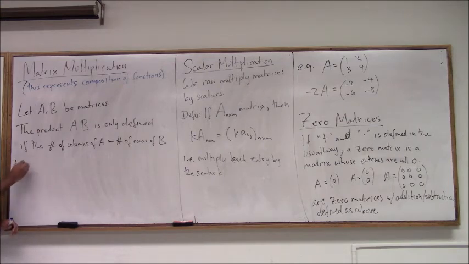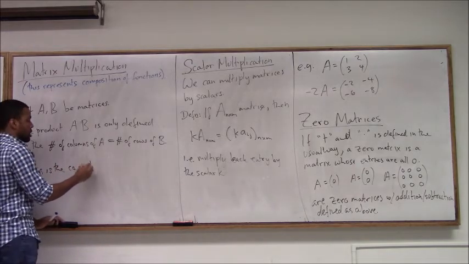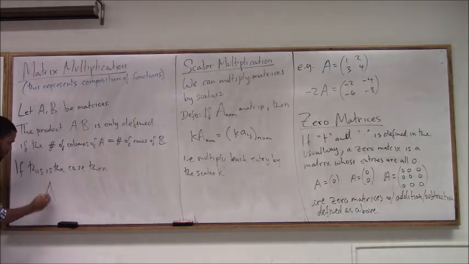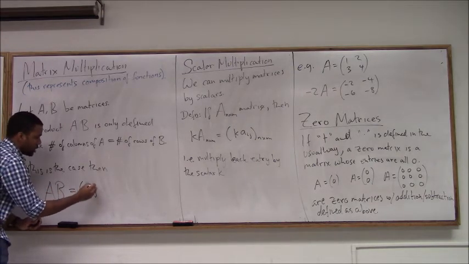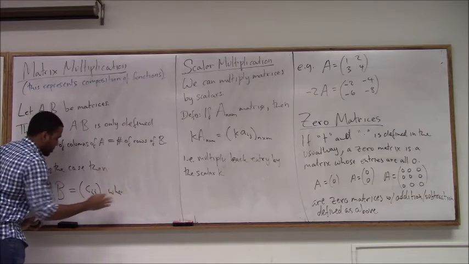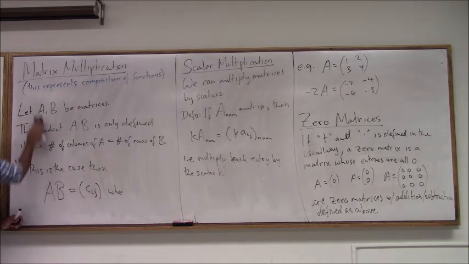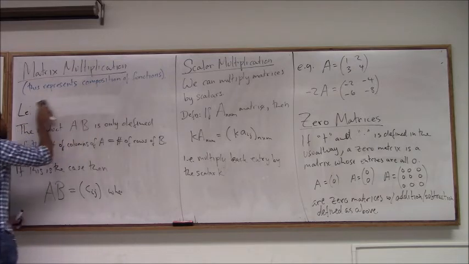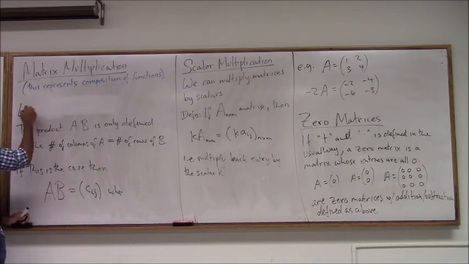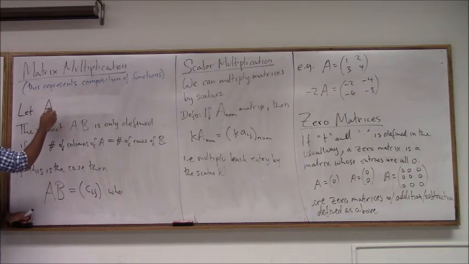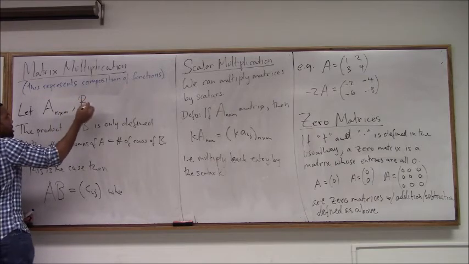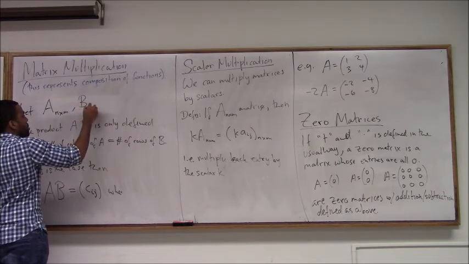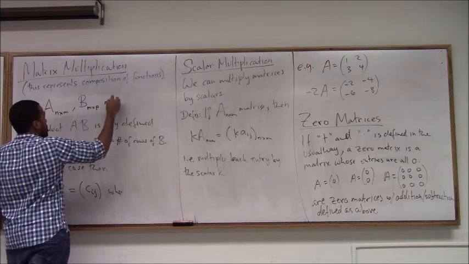And if this is the case, then AB is equal to the matrix C_ij, where, let me give dimensions here. You can probably write it in a subscript, but I'm going to rewrite it. So let A be an n by m, and B be an m by p matrix.